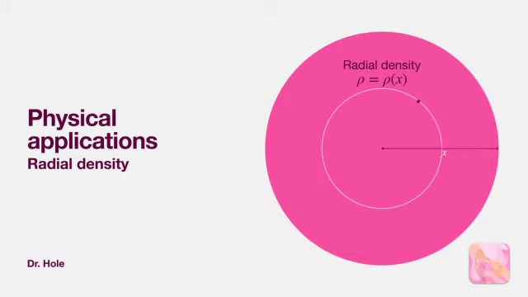Rho is a radial density if all of the points along this circle of radius x have the same density. Now, if you vary the radius to some other value, x, and it's still the case that all points of this radius x have the same density, then this is a radial density function.